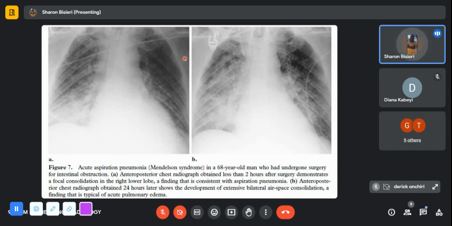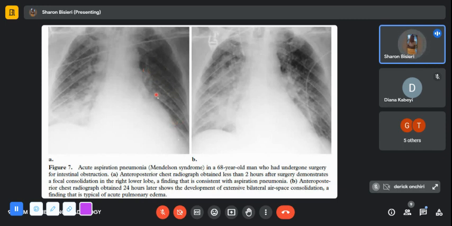In this next slide, we have two images on the screen, and it shows a case of acute aspiration pneumonia in a 68-year-old man who had undergone surgery secondary to intestinal obstruction. Image A and image B were taken 24 hours apart, and what's illustrated here is a focal consolidation over the right lower lobe in image A, and the left lung field looks normal.